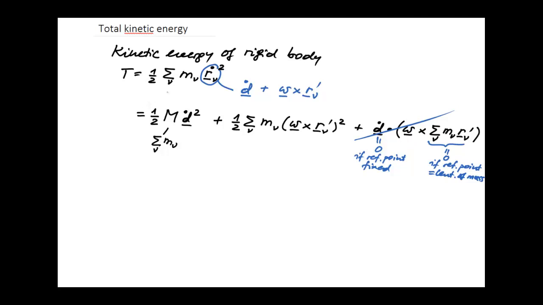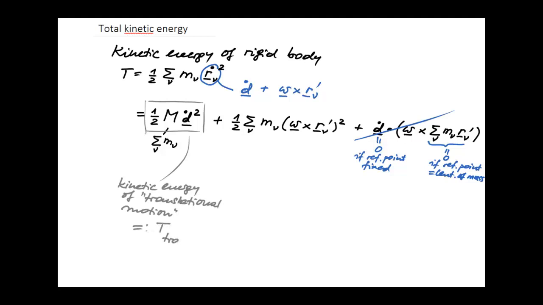This term here is called the kinetic energy of translational motion, and also denoted by T trans for translational. This is because what enters in here is the d dot. The d dot is different from 0 only in the case that no point is kept fixed, so the rigid body can move freely.